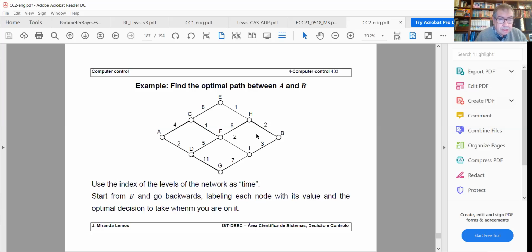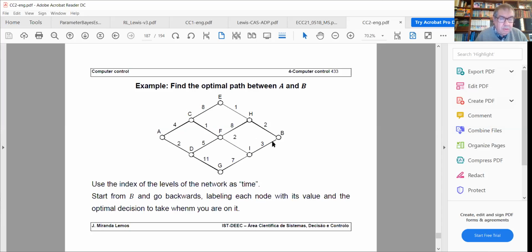But if you travel from A to D to G to I to B, then you spend 13 plus 7, 20 plus 3, 23. So it's better to go the other way, but you don't want to decide between just 2 passes. You want to consider all possible passes.